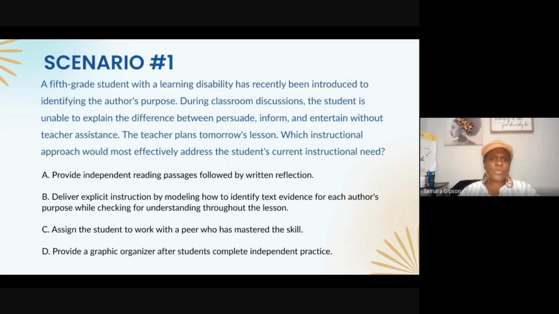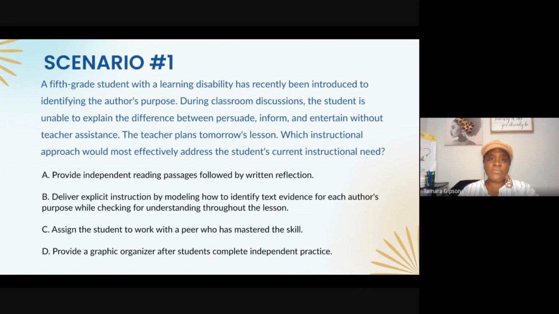Now, I've given 4 choices here, but I always want you to think back to the framework. What's the data? What's the need? And what action correctly answers the question that they're asking me? So should I say A, provide independent reading practice followed by written reflection?